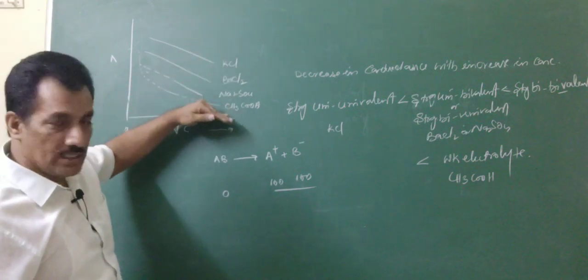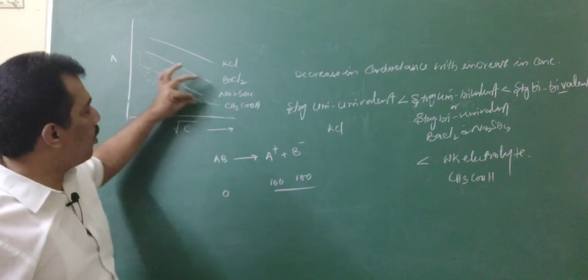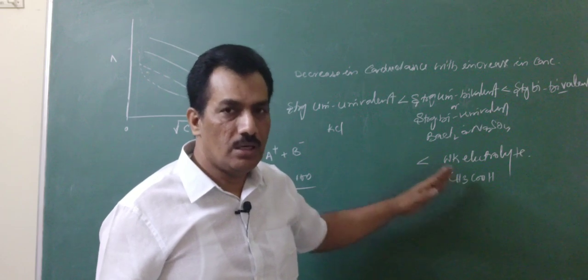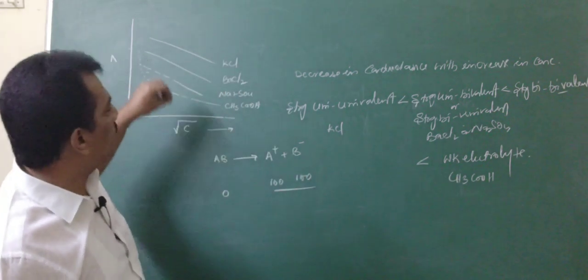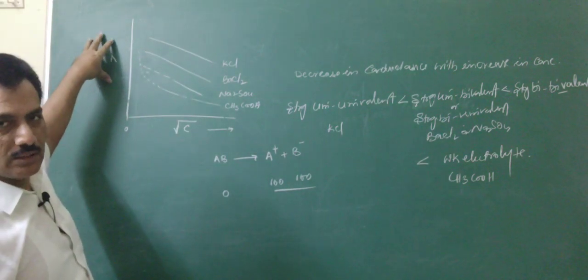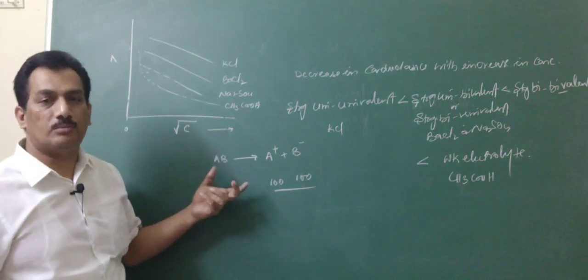This is the order that we can find when we draw the graph between the conductance, molar or equivalent, and the concentration terms.